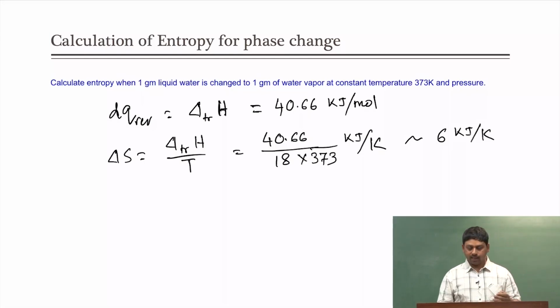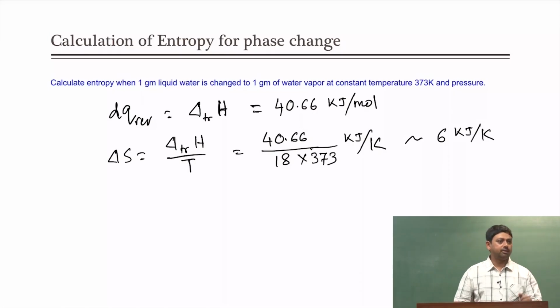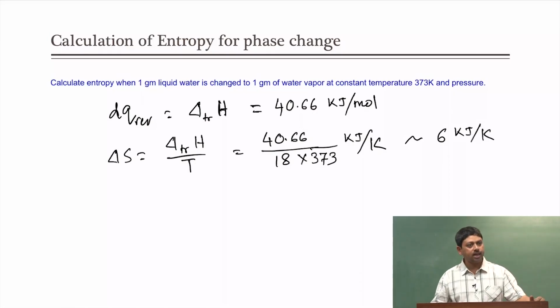Now, let us say you have to take the system from water at 25 degrees centigrade to water vapor at 110 degrees centigrade, and we want to calculate the entropy change. So, we have to calculate the entropy change for water going from 25 degree centigrade to 100 degree centigrade in a slow manner by using the Cp ln T formula.